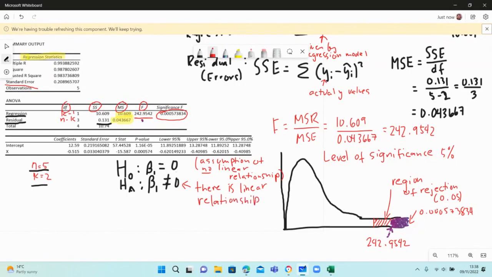So in this case, the p-value is very much less than the assigned level of significance.